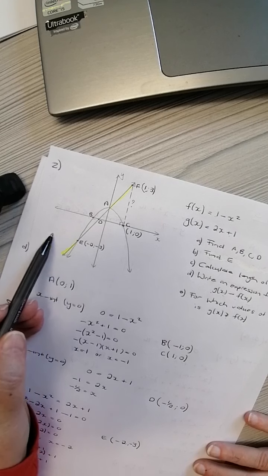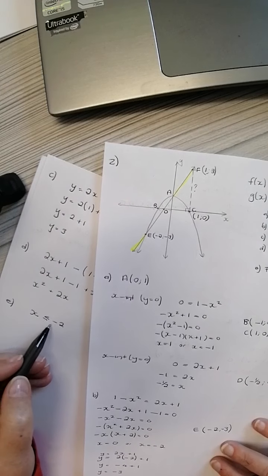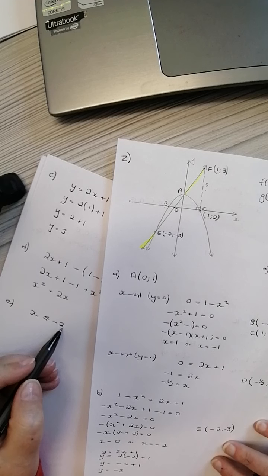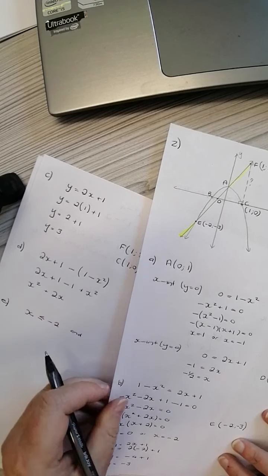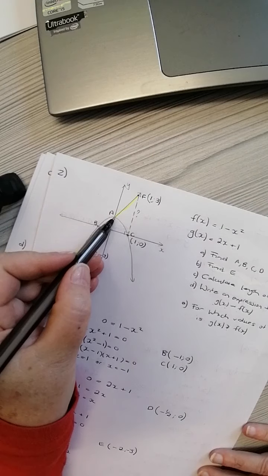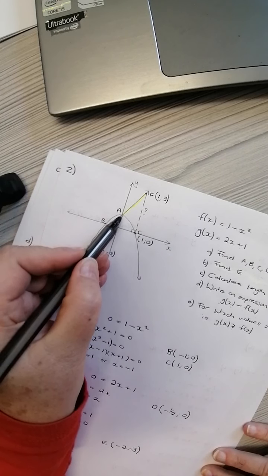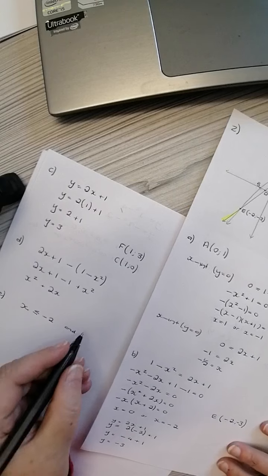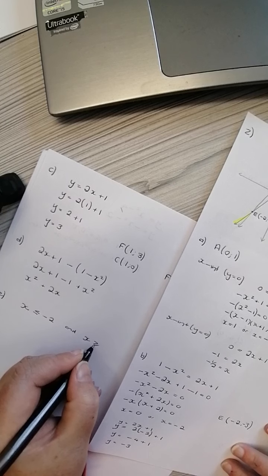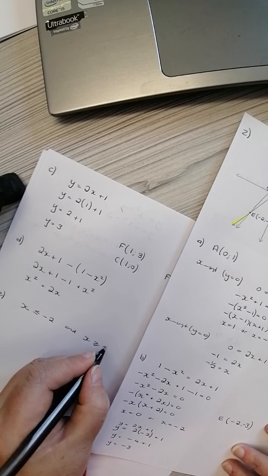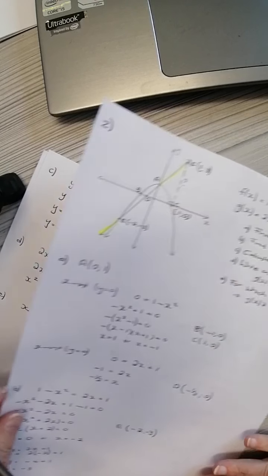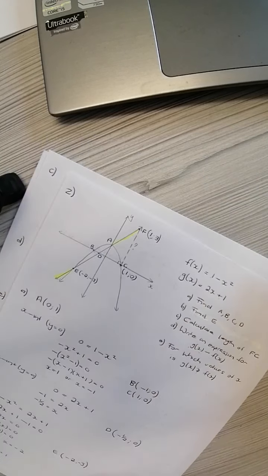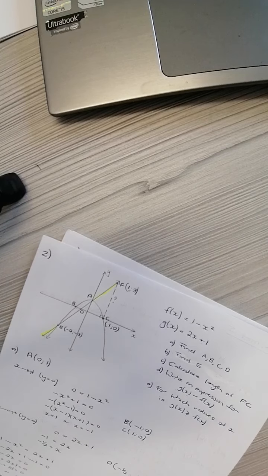So it's that way. x is less than or equal to minus 2, and also from here that way. And what is x here? 0. And x is greater than or equal to 0. Okay, that's that one. Right, then number 3.